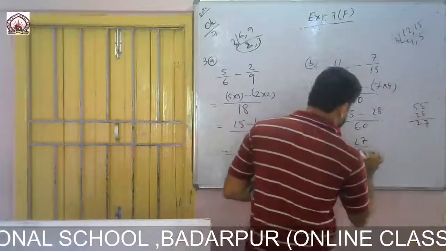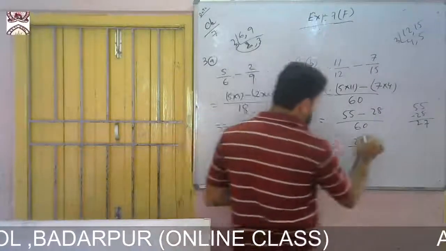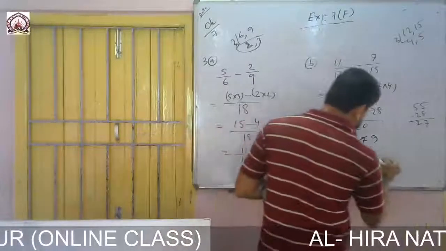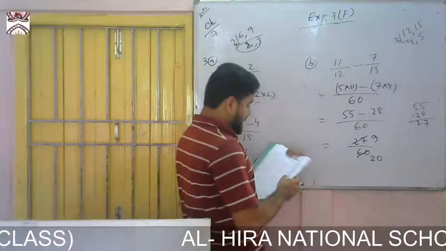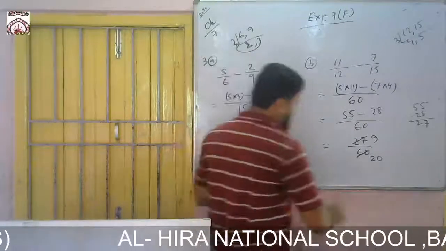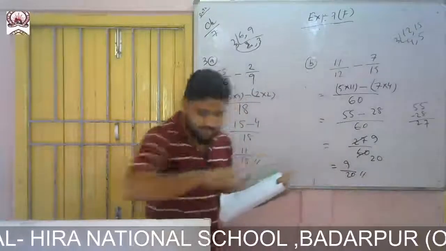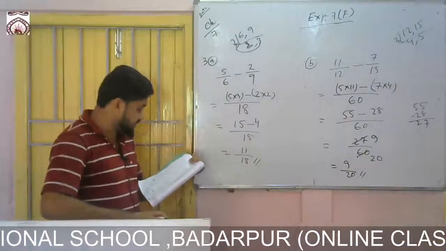So 27 by 60. Now you can divide with 3. 3 9s are 27 and 3 20s are 60. Answer is 9 by 20. Okay, question number 3B done.